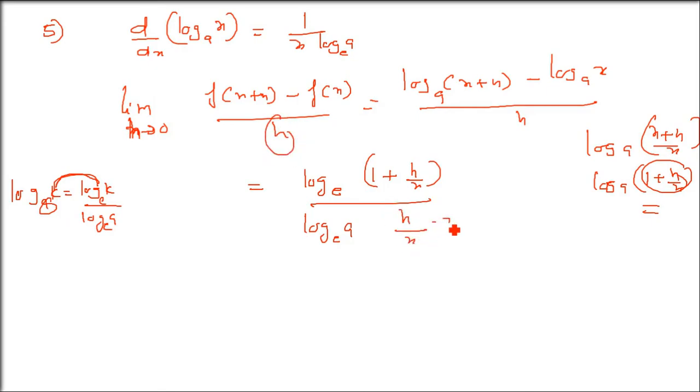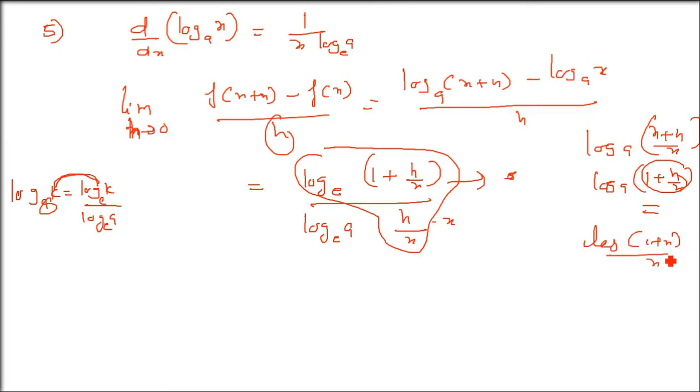So now h is there, divide by x, multiply by x, this whole by log a. So log 1 plus h by x by h by x, what will it be? If you remember, it's going to be 1. Limit x tends to 0 of log 1 plus x by x was 1.